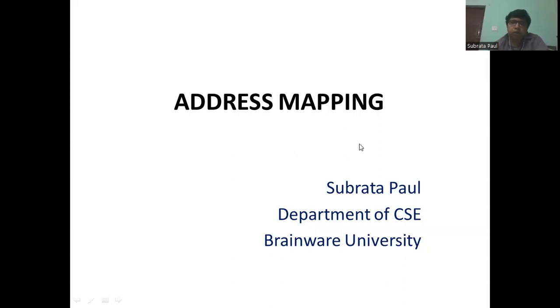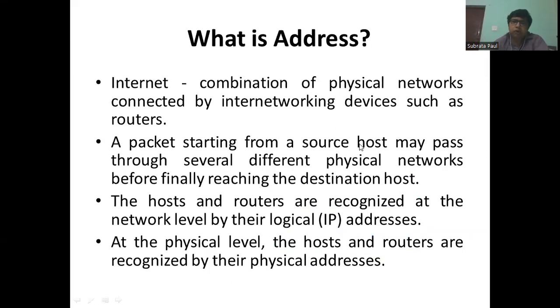Now, whenever we talk about the internet, there is a combination of physical networks connected by a group of intermediate internetworking devices such as routers, switches, or other devices.